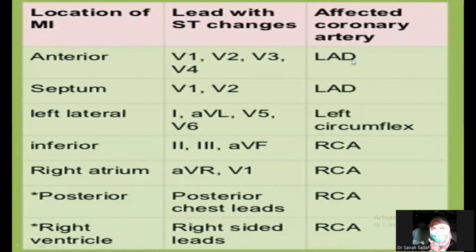This is actually the left anterior descending artery, and this is the right coronary artery. It tells you that when you see the ECG and there are findings in these leads, it means there is a problem with this artery. So you can take a screenshot because you have to memorize it.